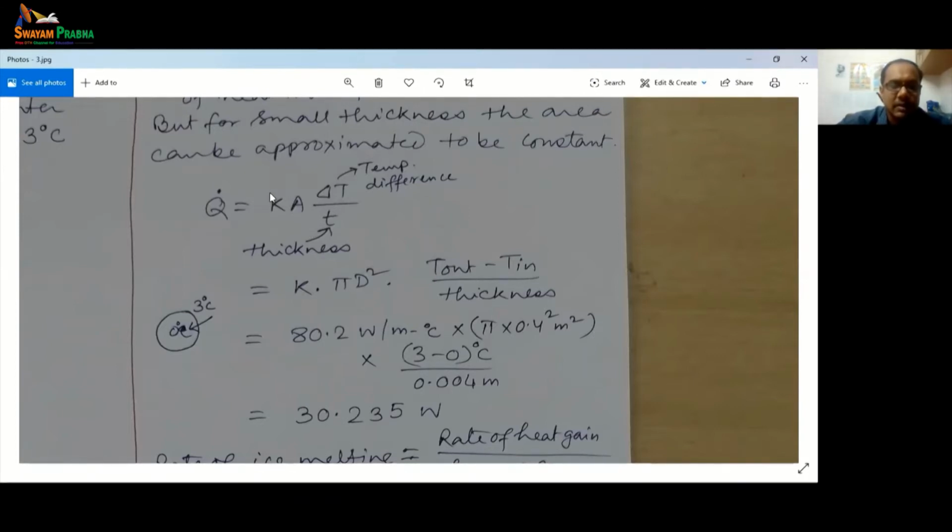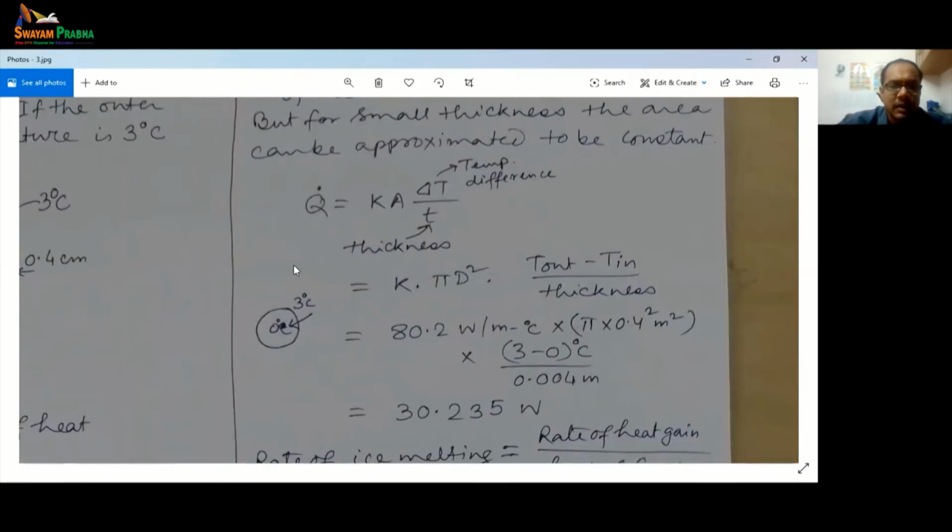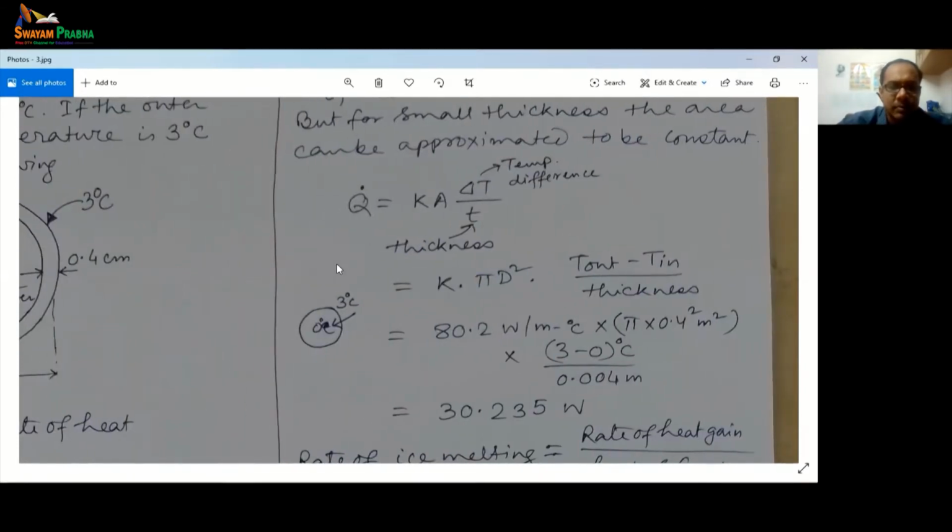And everything is known here, everything is given. It is given that it's an iron container, so you know what would be the value of the conductivity K, and this area is nothing but the area of the sphere, and that is pi into d squared. And this temperature difference is also given in terms of the inner and outer temperature.